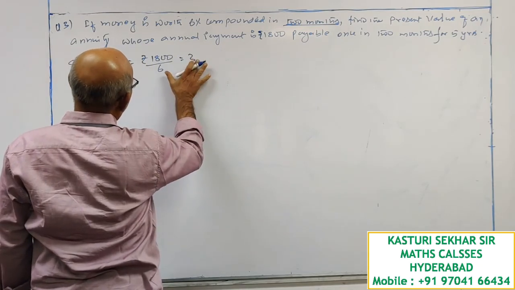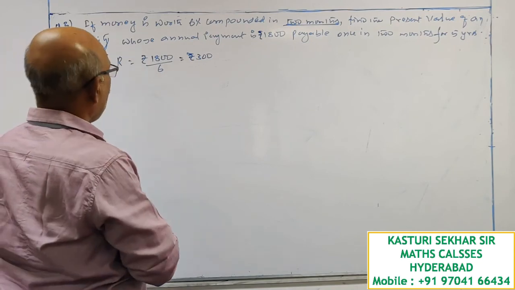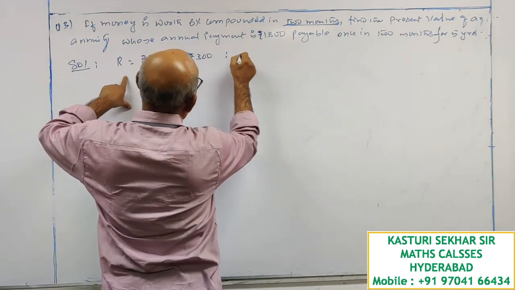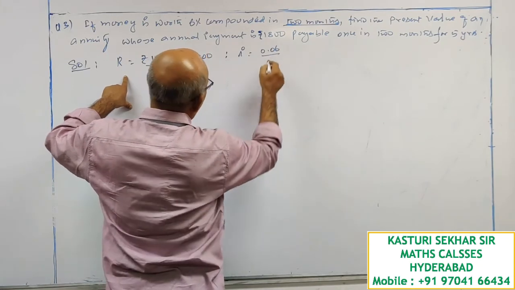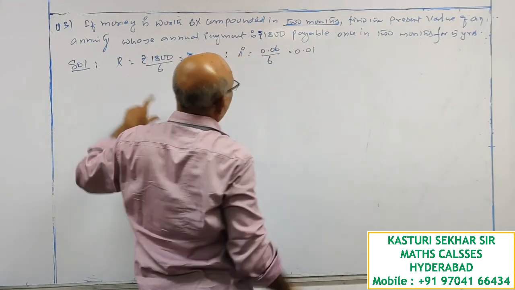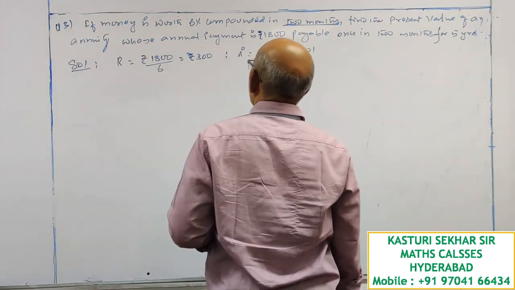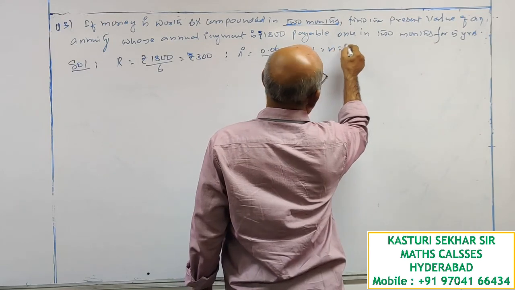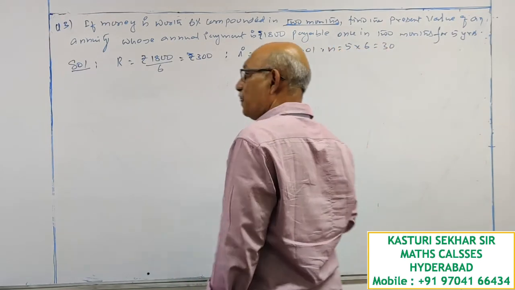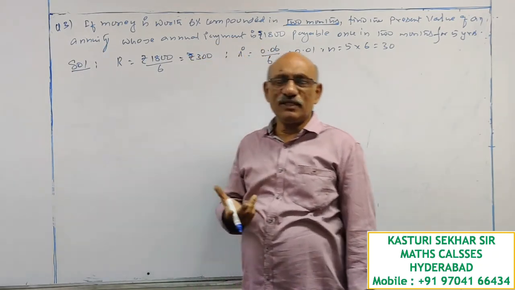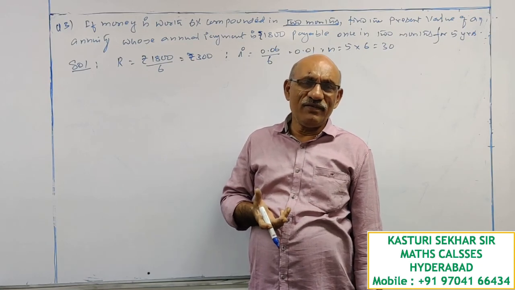This is rupees 300. I is equal to 0.06 divided by 6, 0.01. 6 payments are there. Conversion period is 6. N is equal to 5 into 6, 30. In 1 year, 6 times the bank will calculate interest. Therefore, in 5 years, 30.